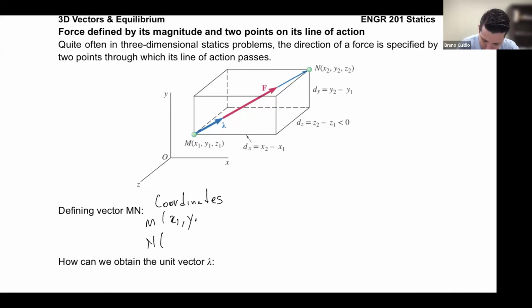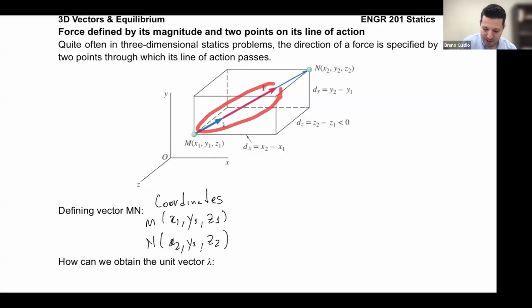All right. So what I'm trying to do here, once again, is write this force vector that goes from M to N.